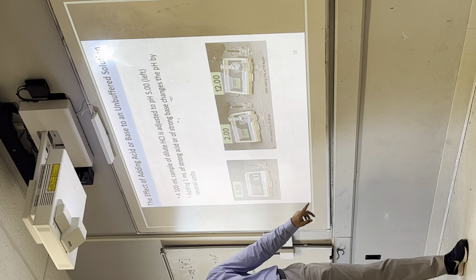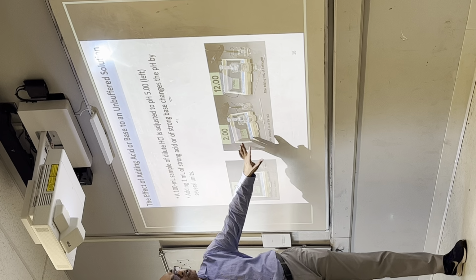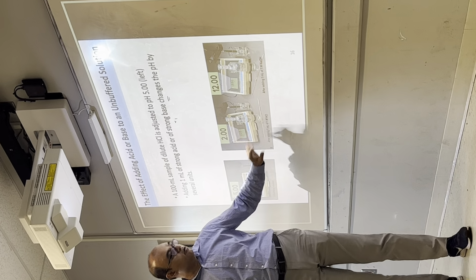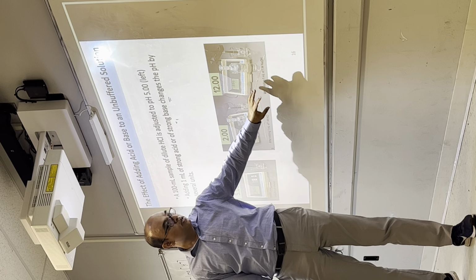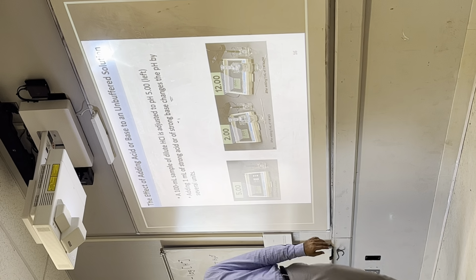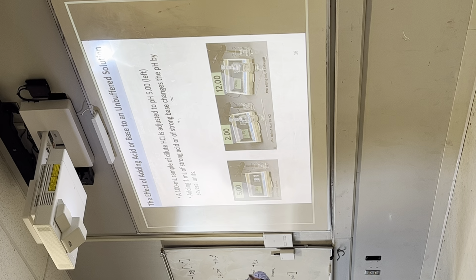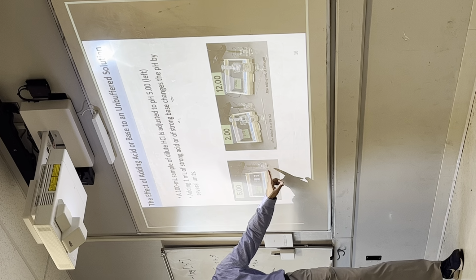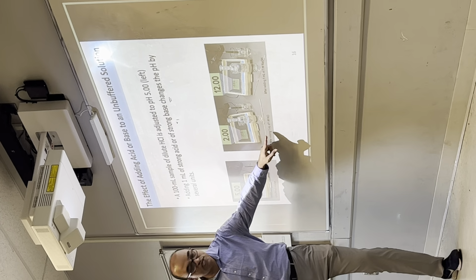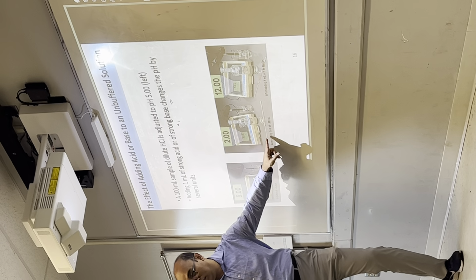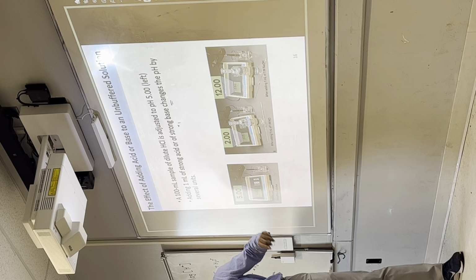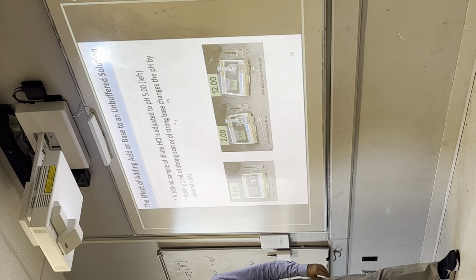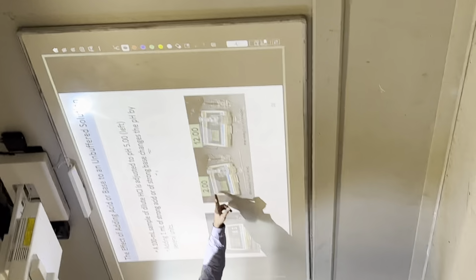So what we did, we have a concentrated solution of hydrochloric acid and we have sodium hydroxide. Now, this is our initial acid. We are adding a concentrated solution of acid to this solution. What happens? The pH decreased.